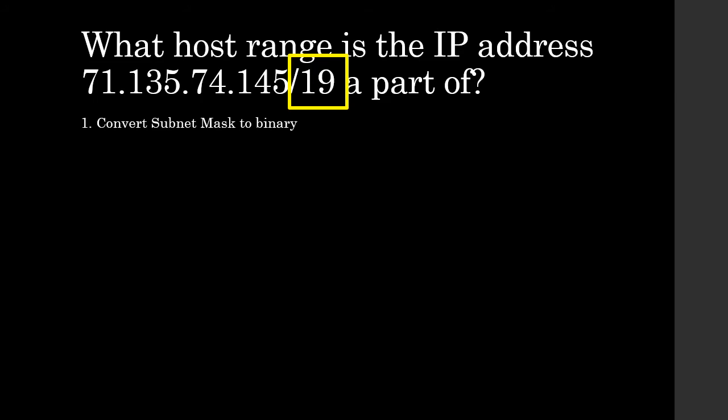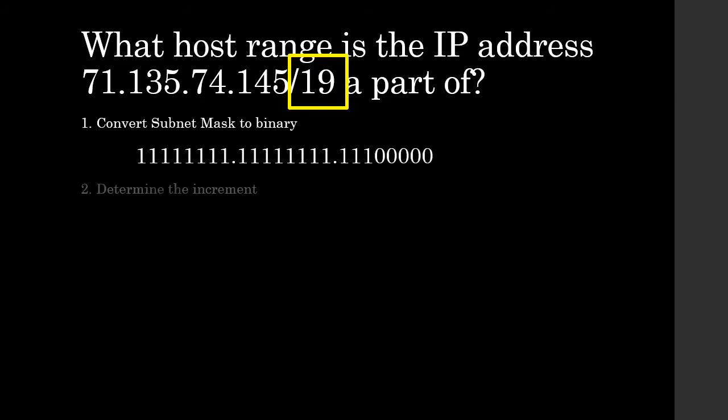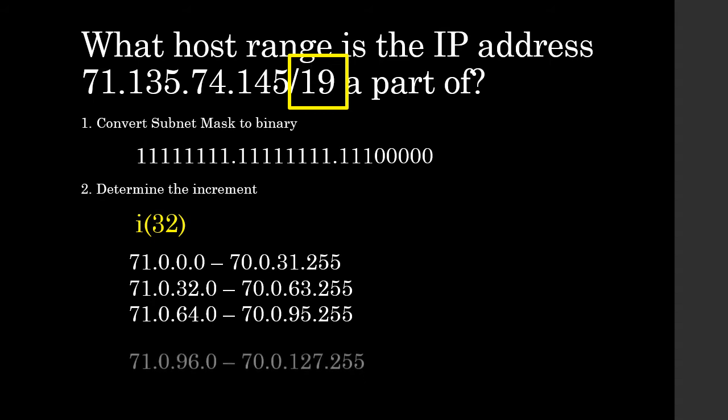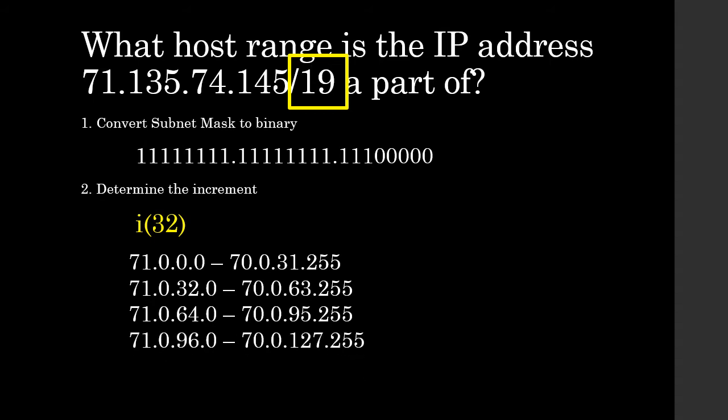So, ang makukuha nating value ay ito. Dahil dyan, malalaman na natin yung increment which is 32 at malilist down na natin yung mga succeeding ranges which is 71.0.0 to 71.0.31, 71.0.32 to 71.0.63, and so on and so forth.